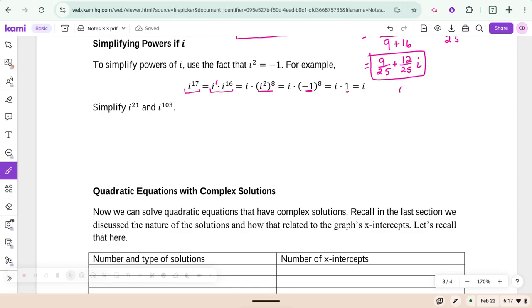Let me demonstrate. If I have negative 1 to the power of 8, it means I have 8 negative 1s multiplied together. And when you have an even number of negatives, they can pair up and cancel each other out and make a positive.